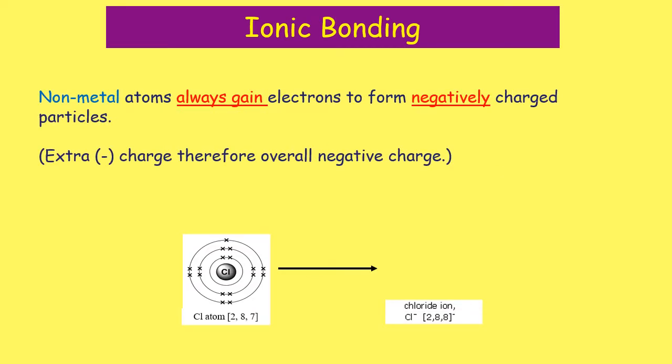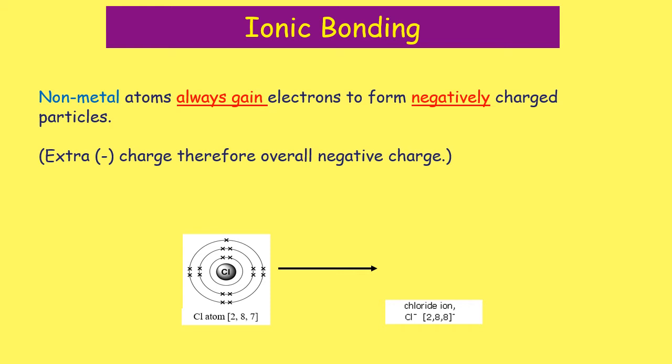In ionic bonding, non-metals always gain electrons to form negatively charged particles. If they are gaining electrons, that means they end up with more electrons than protons and they will become negatively charged. So chlorine, we have chlorine represented there. It's got 7 electrons in its outer shell.